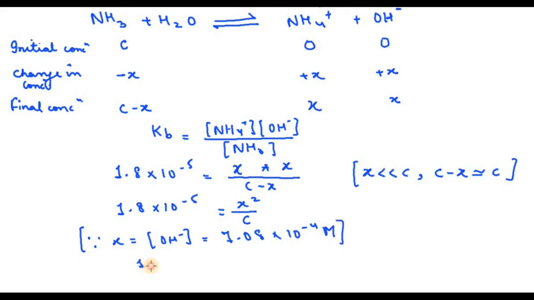We get 1.8 times 10 to the power minus 5 is equal to 7.08 times 10 to the power minus 4 whole square over C.